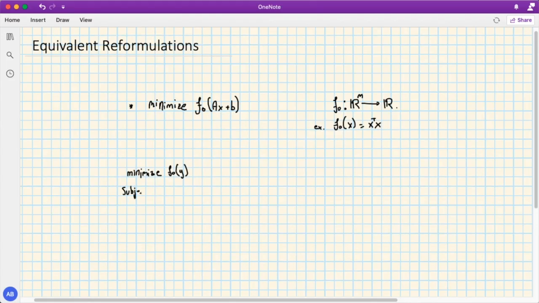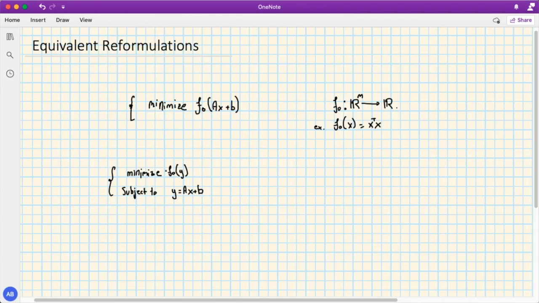So subject to y equal Ax plus b, right? Whether you're new to optimization, you have no background whatsoever, and you come and look at both problems, the first unconstrained one and the second one, which is an equality constraint problem, they are equivalent.